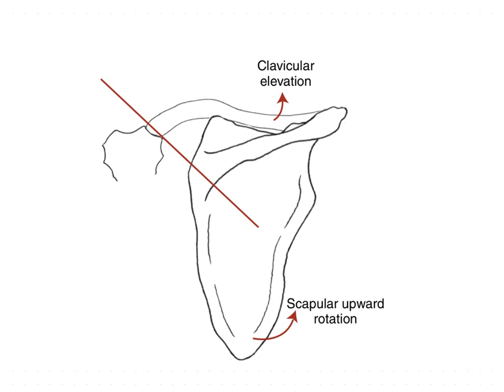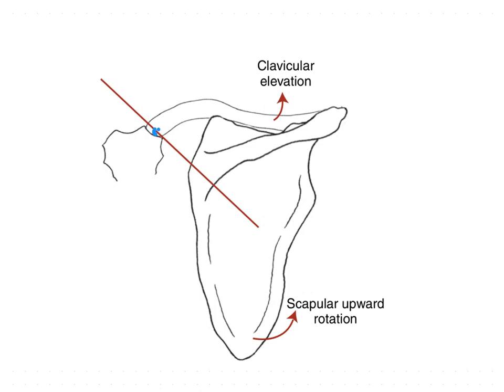As the trapezius and serratus contract, these muscles produce movement at the next available joint, that is the sternoclavicular joint. So this sternoclavicular joint allows further rotation of the scapula.